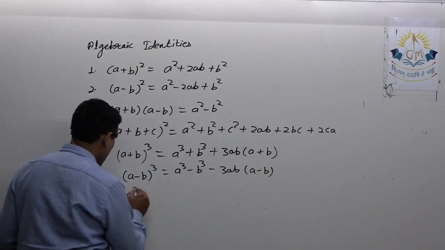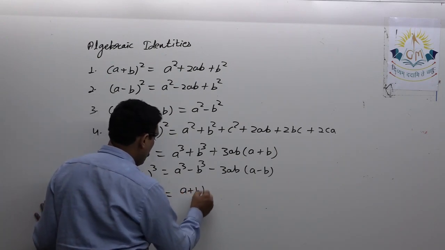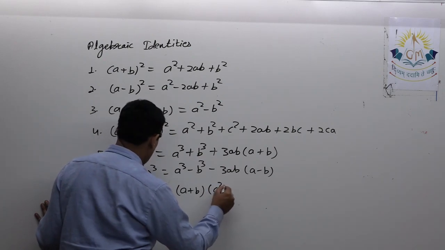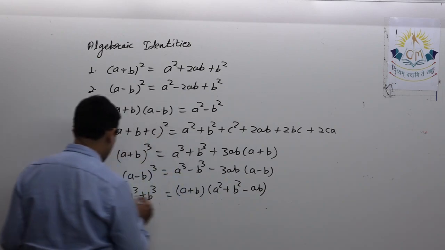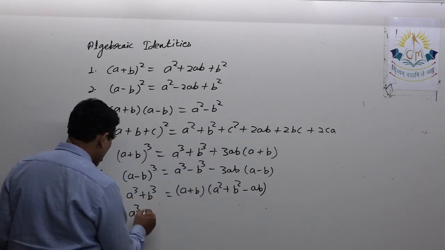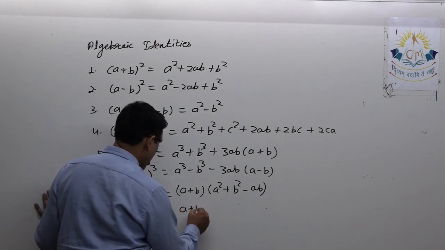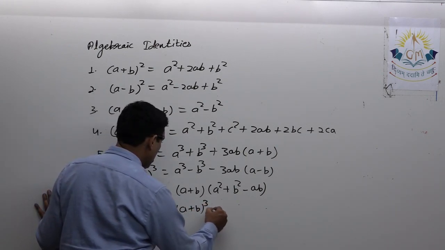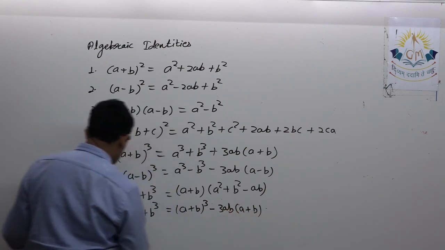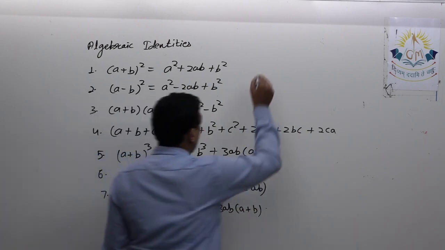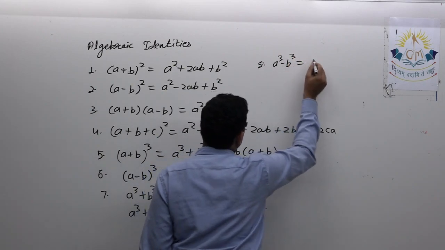Seventh is a cube plus b cube, that is equal to a plus b in first bracket, then a square plus b square minus ab. There is one more identity of a cube plus b cube, that is a plus b whole cube minus 3ab into a plus b.